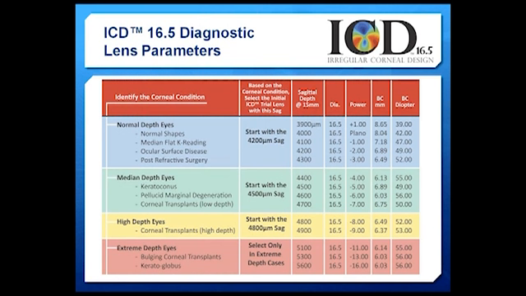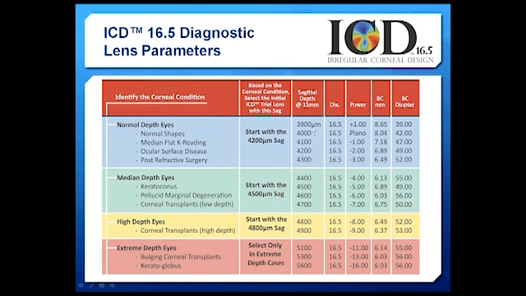When we look at the fitting set again, we can see that the 4200 is here toward the flatter end of the set, which is often what we see with pellucid marginal degeneration patients. If we had an ectatic cone, a keratoconic patient, we might expect to see a calculation much higher in sagittal depth.